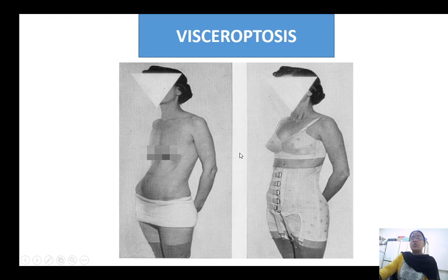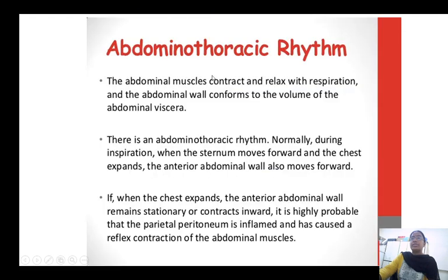But if the rhythm is not going in this way, what happens? When the chest expands and the anterior abdominal wall remains stationary, it does not move forward. The parietal peritoneum is inflamed, which causes reflex contraction.